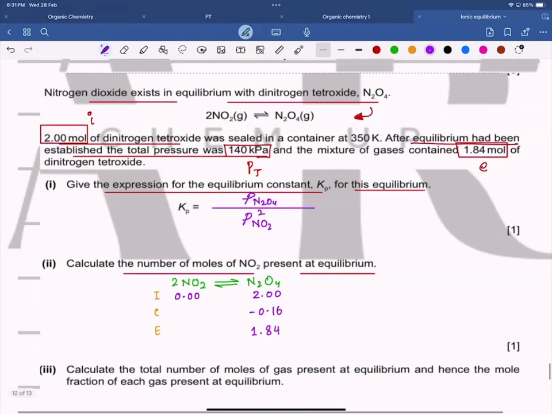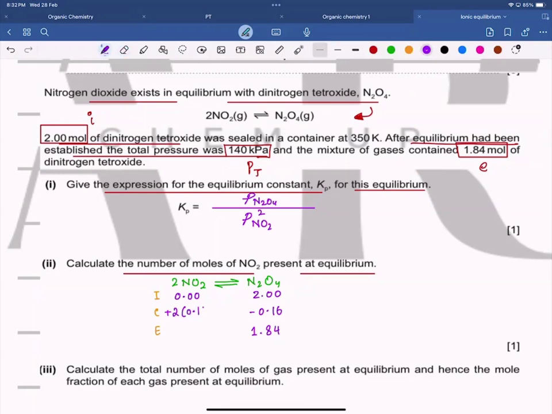Now, if you take the ratio of the product to the reactant, then what is the ratio? Sir, 1:2. So if 1 mole of product is consumed, then 2 moles of reactant would form. So if 0.16 moles of product is consumed, then how many moles of reactant would form? 0.32, twice of 0.16, and it would be positive because the reaction is taking place in the backward direction.